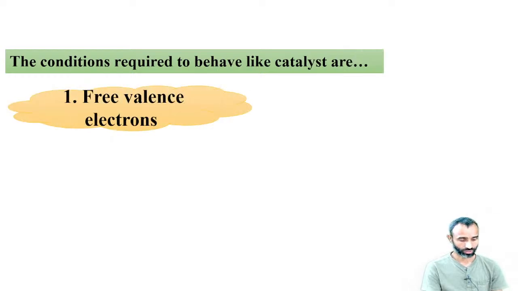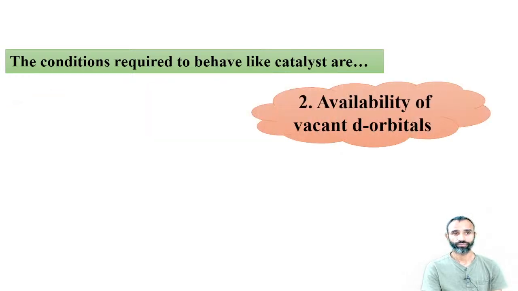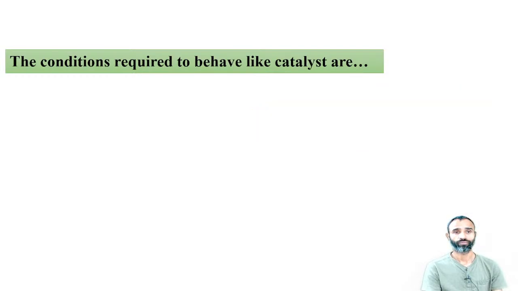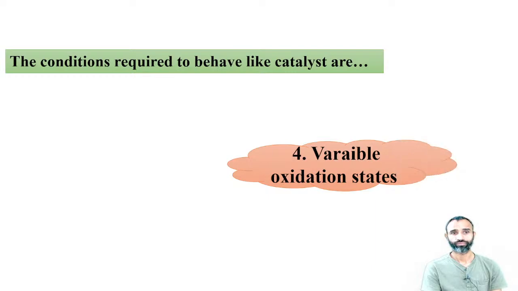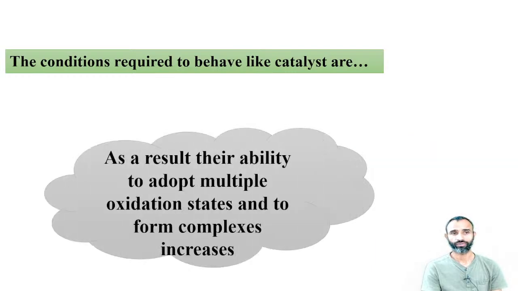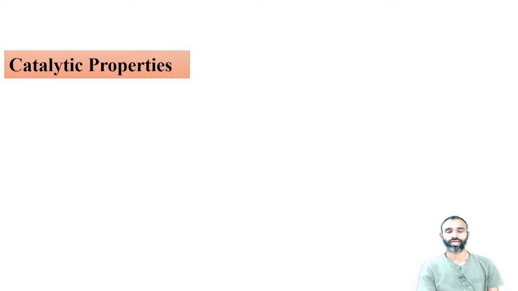So conditions required to behave like a catalyst: first of all, valence electrons should be there, availability of vacant d orbitals, large surface area, variable oxidation states, and as a result their ability to adopt multiple oxidation states and to form complexes. So that is why they act as catalyst.